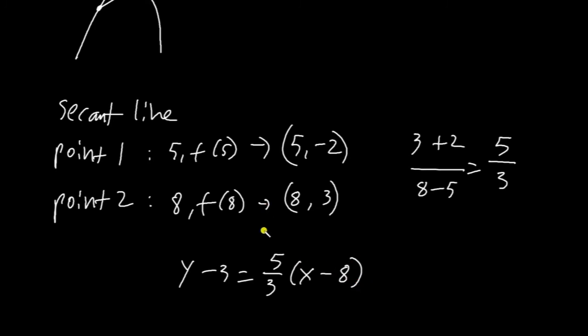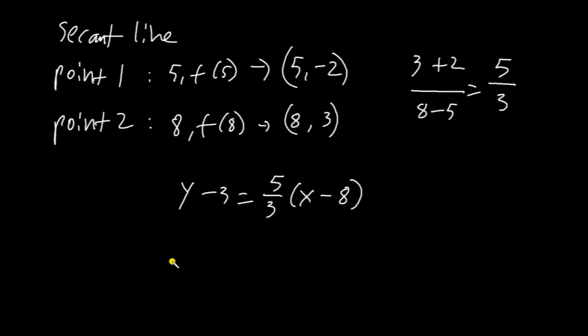Now remember, we said that the secant line is always below the graph. So if I plug in x equals 7 into here, then the actual value, which is f of 7, should be greater than or equal to the secant line.